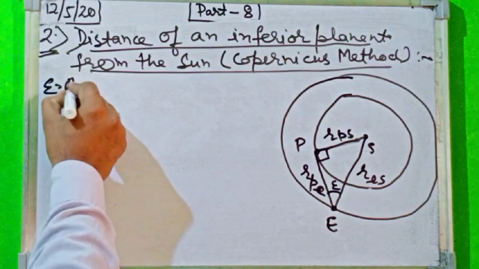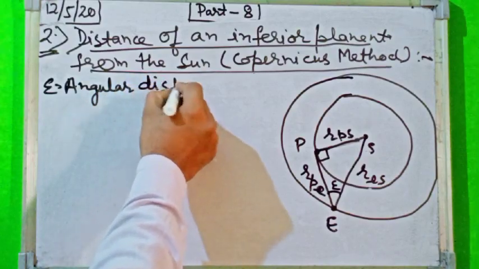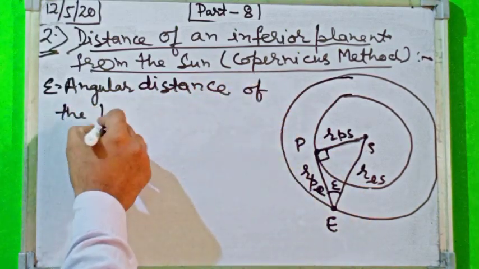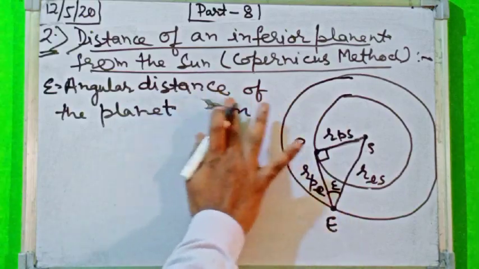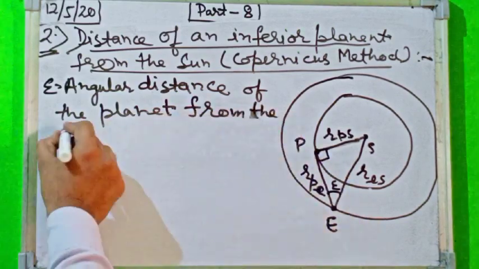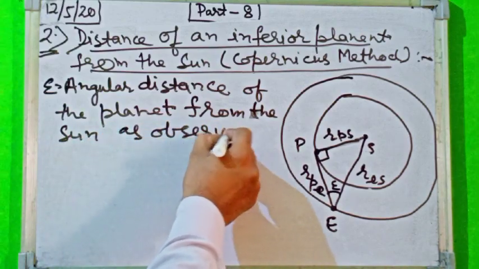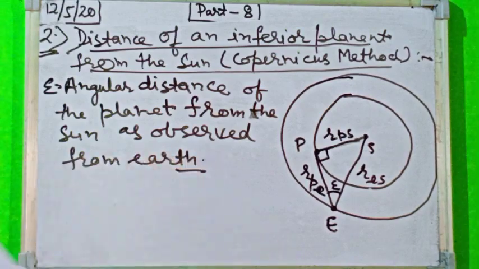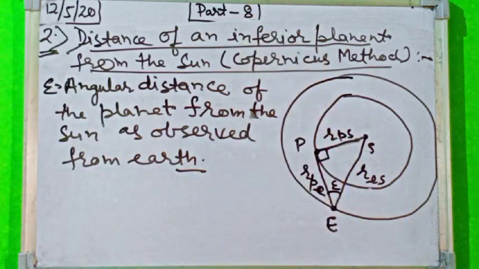Epsilon is the angular distance of the planet from the sun as observed from the earth.